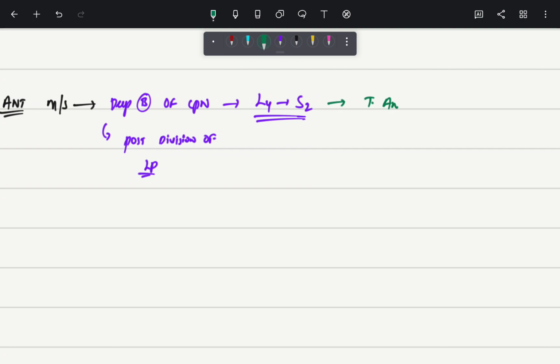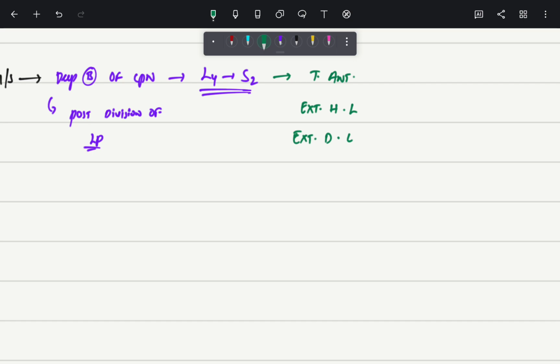One was tibialis anterior, one was extensor hallucis longus, the other was extensor digitorum longus, and the three-headed monster peroneus tertius. All these are supplied by the deep branch of your common peroneal nerve.